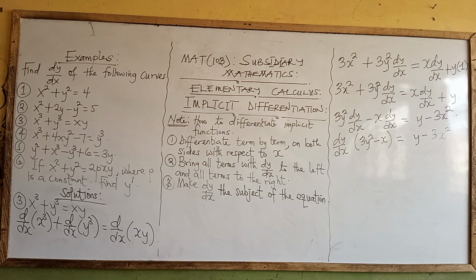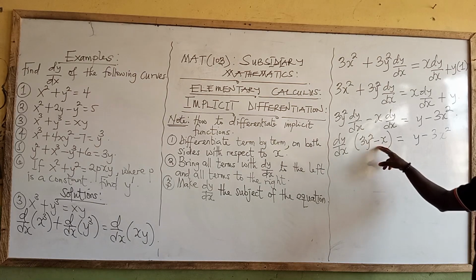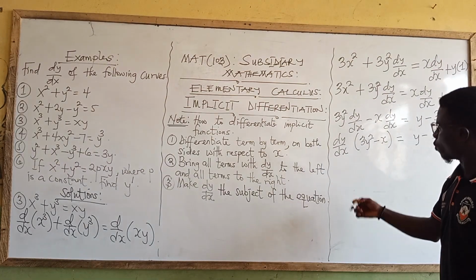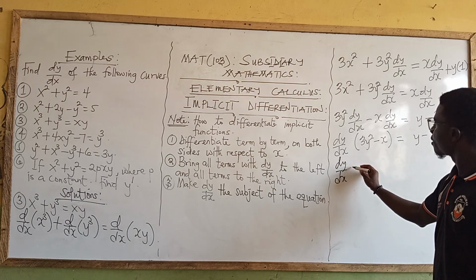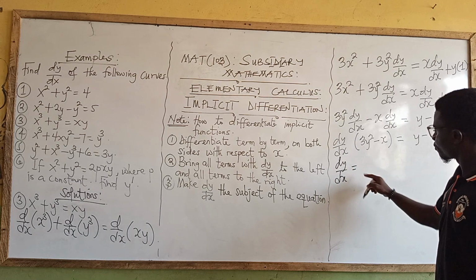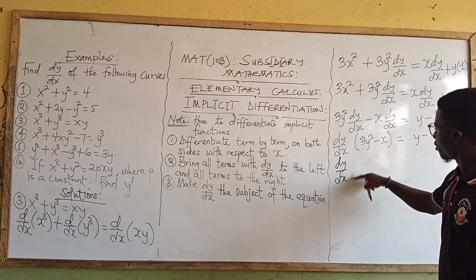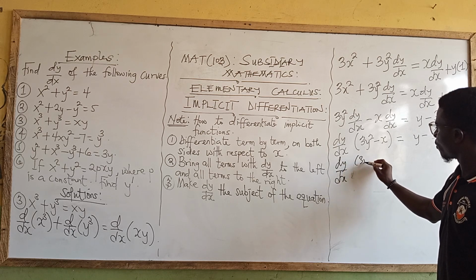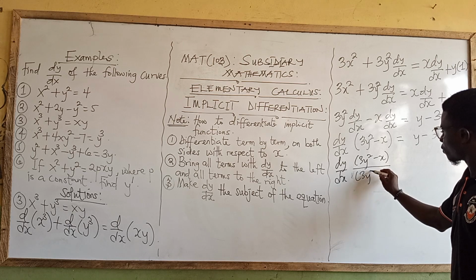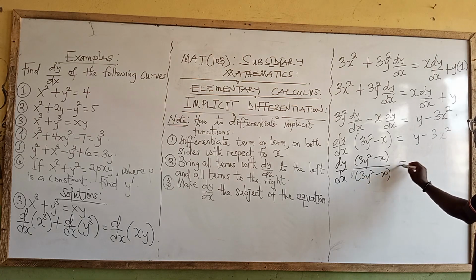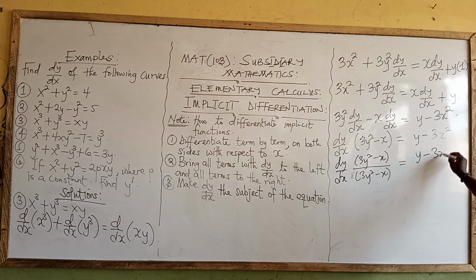So now let's continue. We have to divide both sides by 3y squared minus x. So we get dy over dx equal to y minus 3x squared divided by 3y squared minus x.